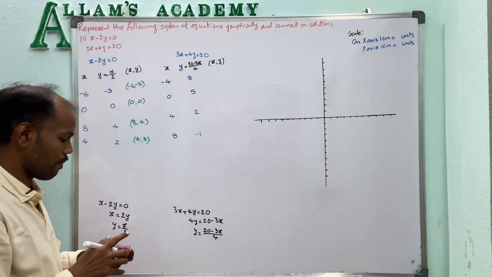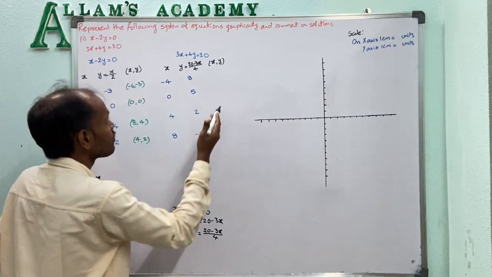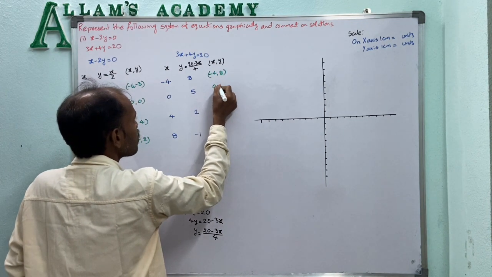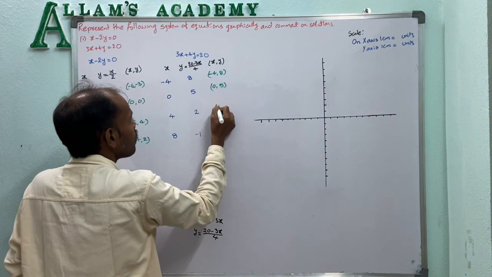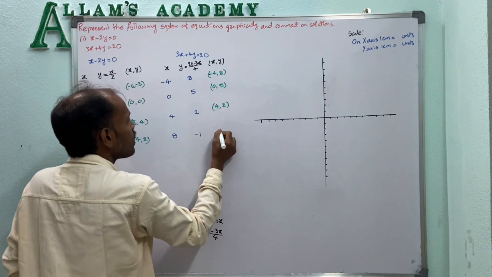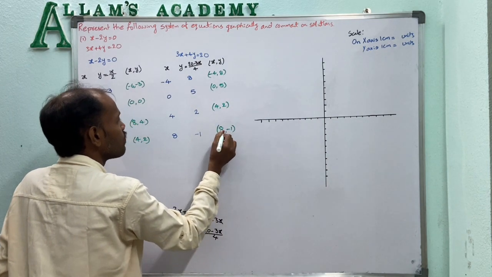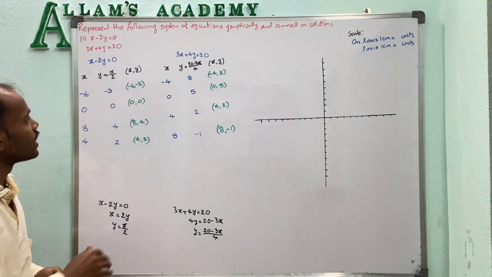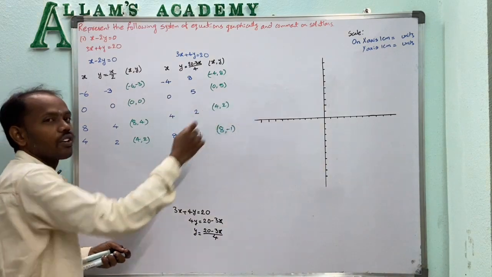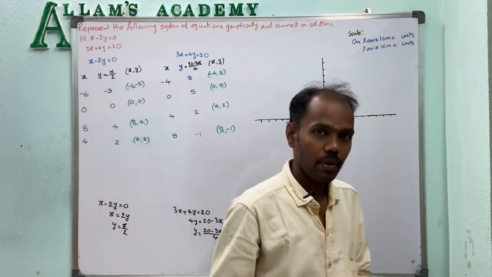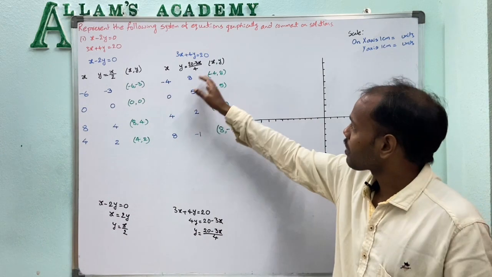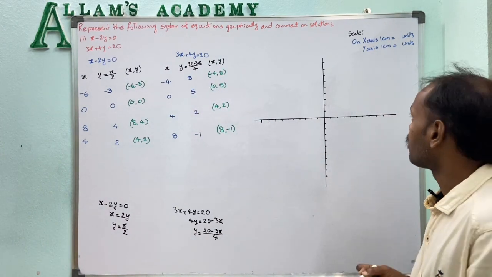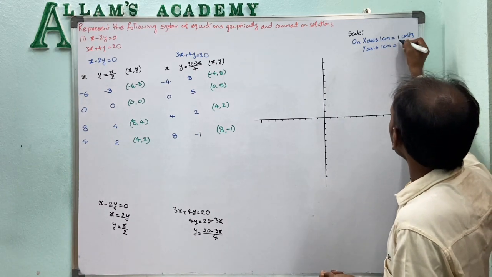So here the points are: minus 4 to 8, 0 to 5, 4 to 2, 8 to minus 1. Now these points are located on the graph. For that purpose, since normal numbers came, we take on the x-axis and y-axis 1 centimeter equal to 1 unit.